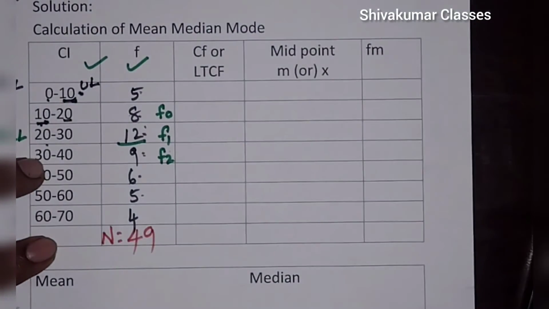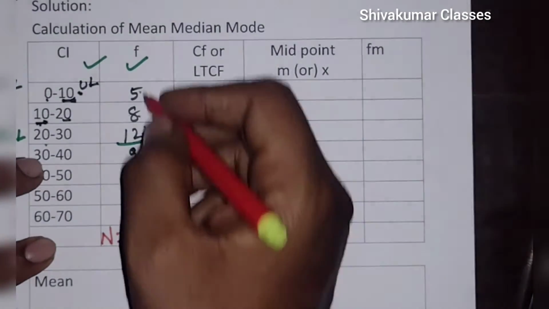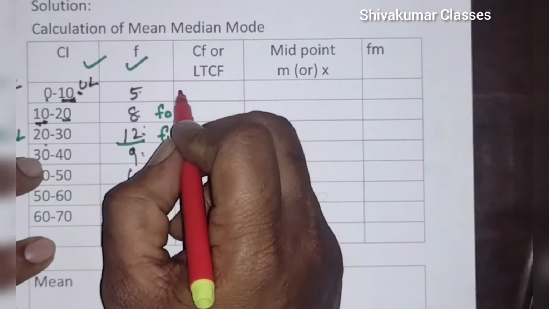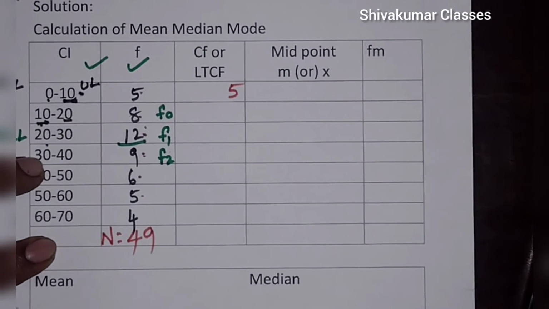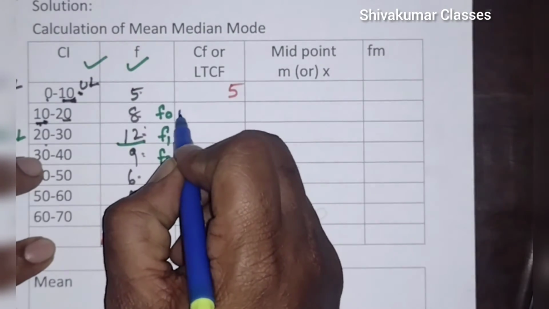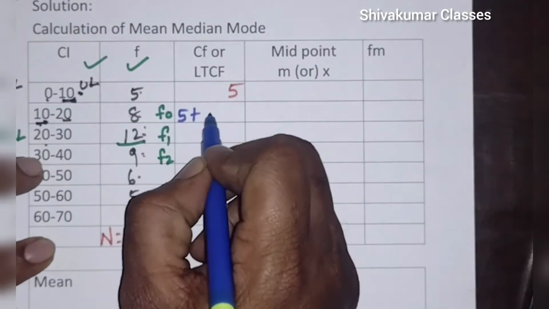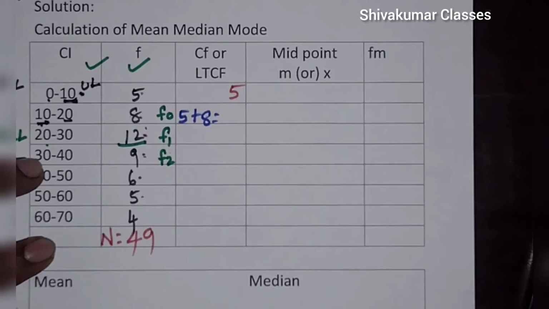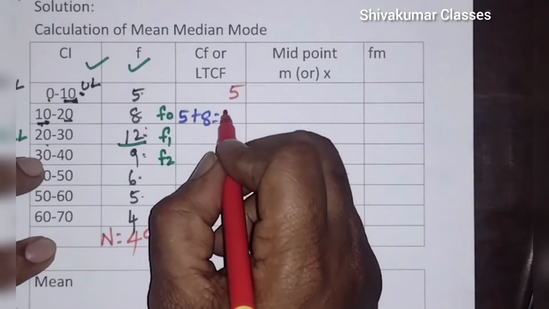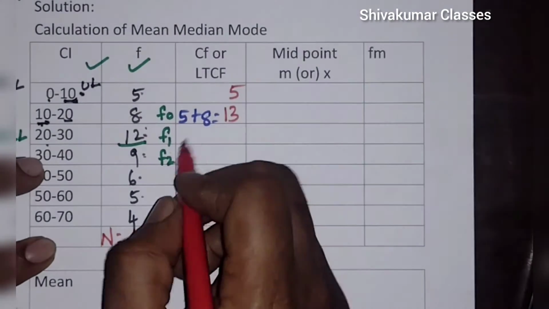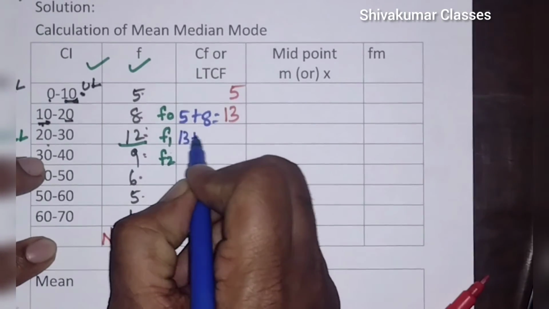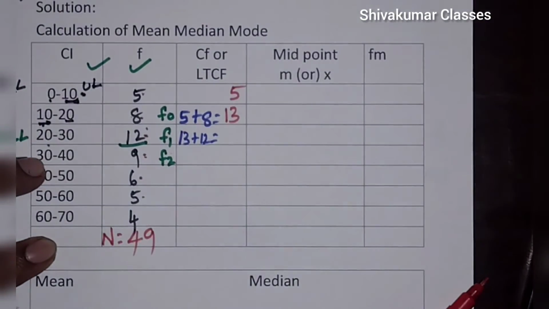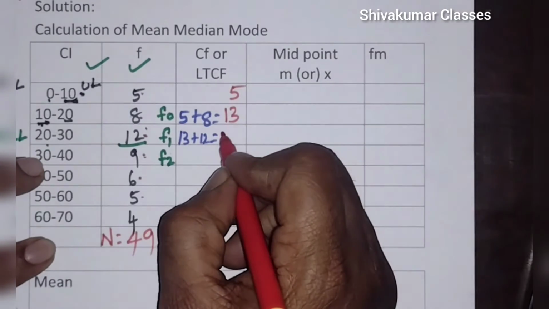CF means cumulative frequency, where we bring all the frequencies together in terms of total. First one is 5. Second, the 5 and 8 I should total up: 13. The third one is 13 plus 12, which is 25.